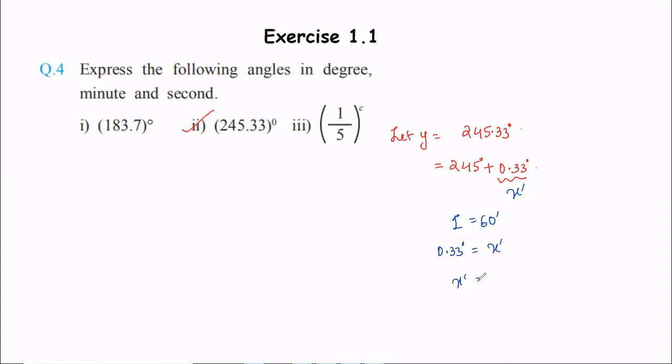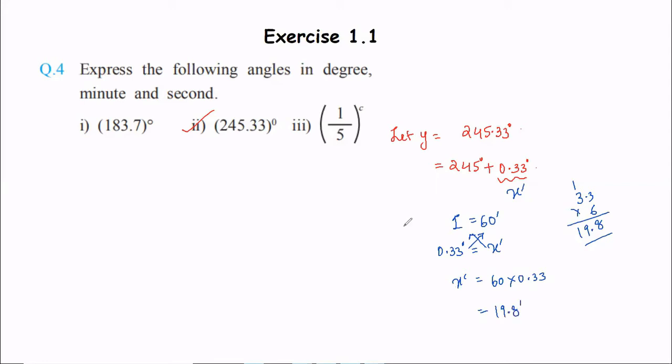So x minutes is equal to 60 into 0.33. Cross multiplied, simple. So we have 3.3 into 6. You will get 19.8 minutes.